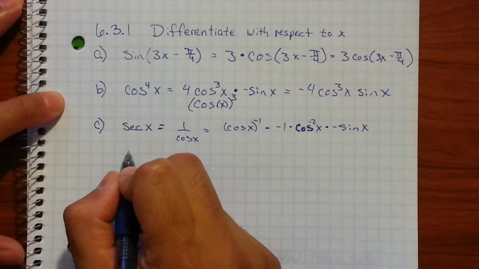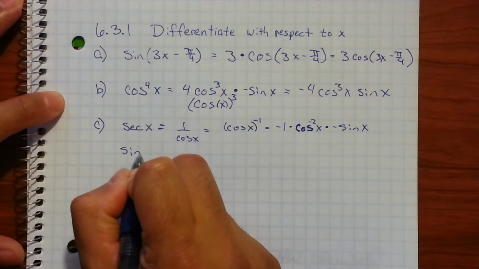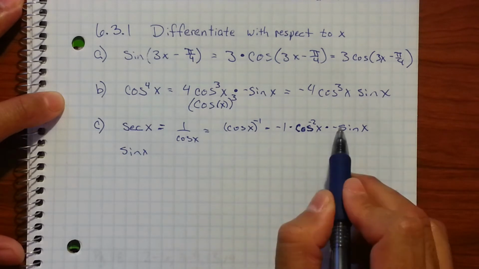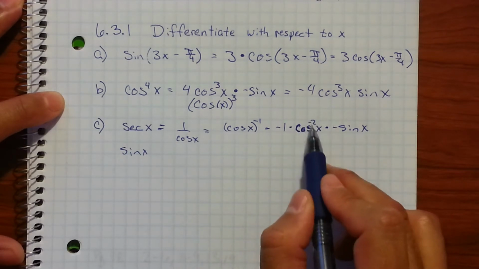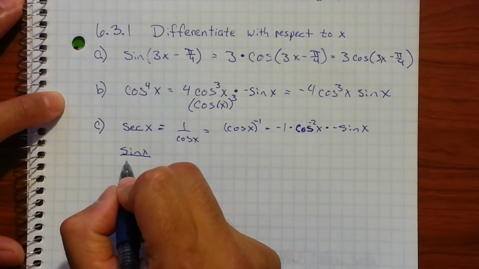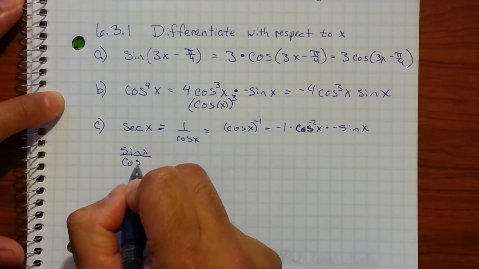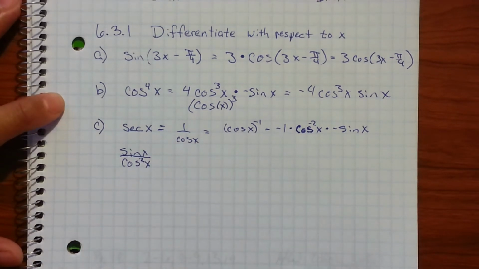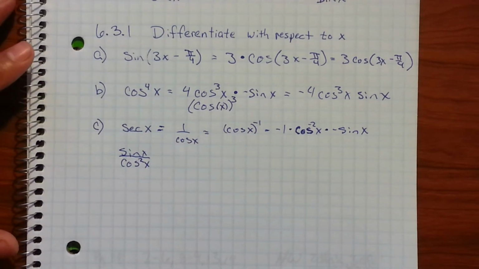So I have sine x, because those two negatives made it positive. And with my negative exponent, I'm going to put it back down in the denominator, over cosine squared x.